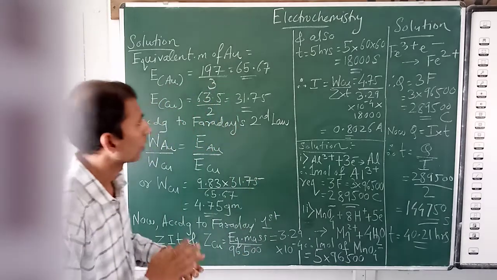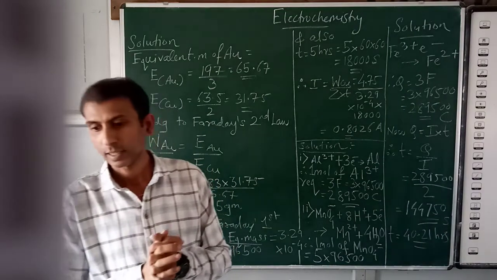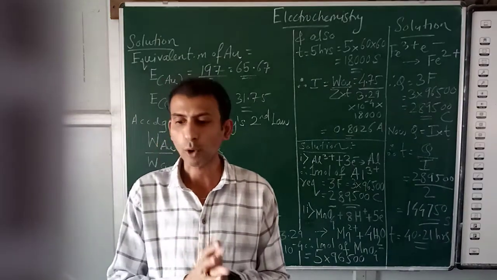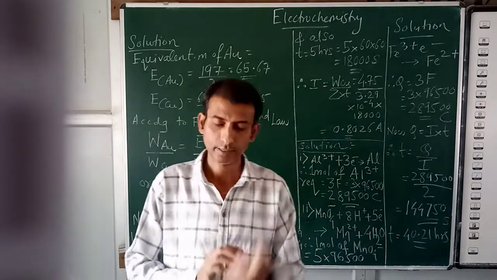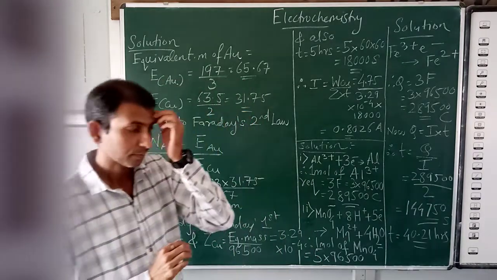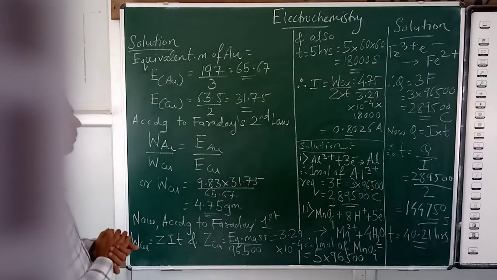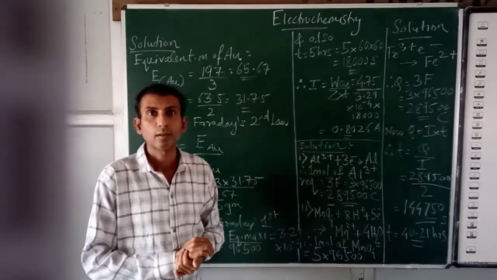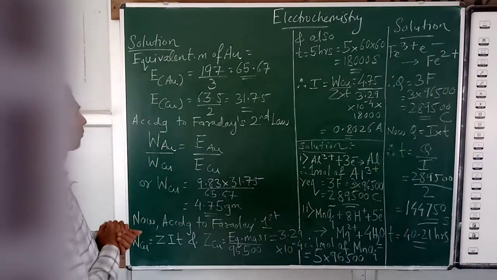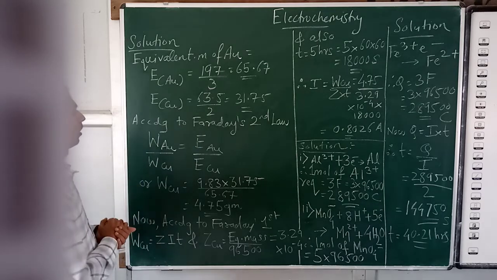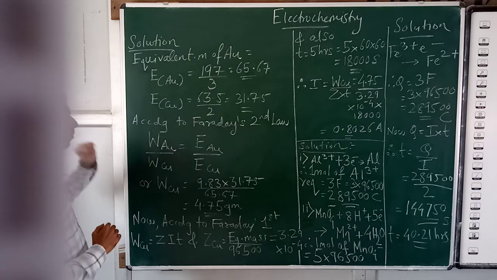Very easy. Now the question which is asked, first part, we have to calculate the amount of copper deposited, and then in the second half we have to calculate the current. Let's start. Since Faraday's second law is applied here, and you also know the equation for Faraday's second law.